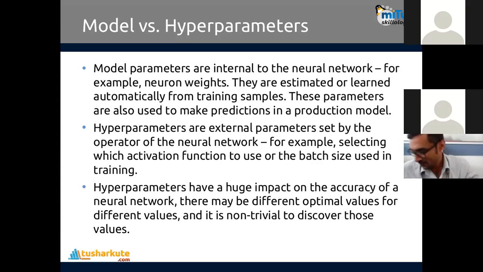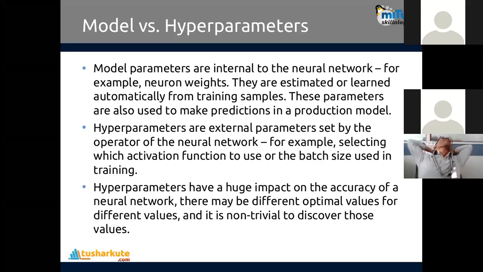Or maybe the number of iterations: if you give only 10, and after that I give 20, then 10 and 20 may differ by 5%. So there may be different optimal values, and they are non-trivial to discover, so specific technical and statistical methods are present.